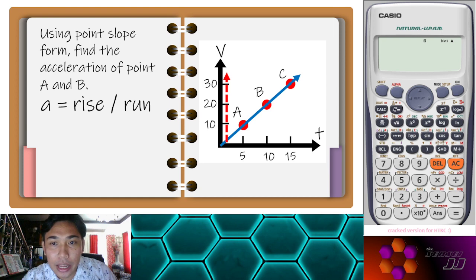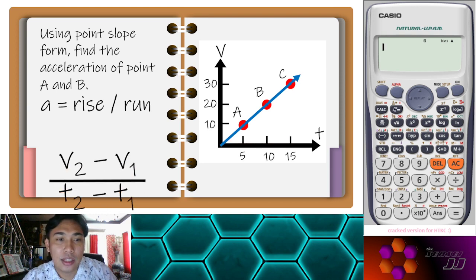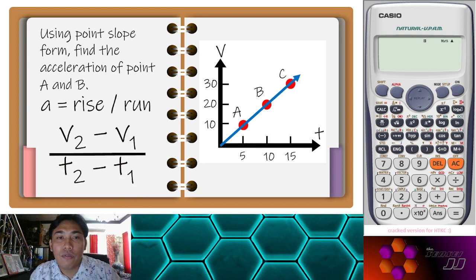The rise is our velocity and the run is our time. So we have the formula of V2 minus V1 all over T2 minus T1.